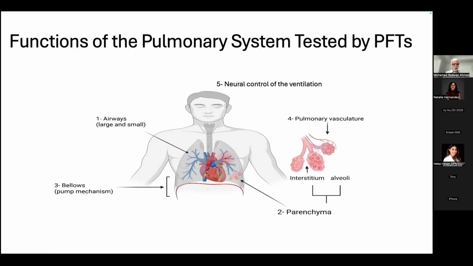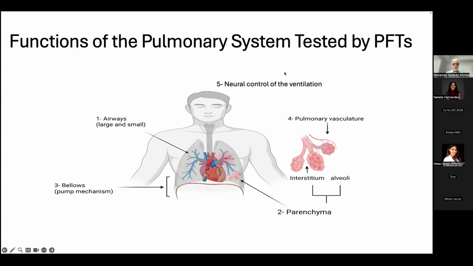And we can also test the mechanism of breathing, like the mechanics, the bellows, like the diaphragm and chest wall, the respiratory muscles of the chest wall and the diaphragm. And we can test the vasculature as well, using what we call the carbon monoxide diffusion test.